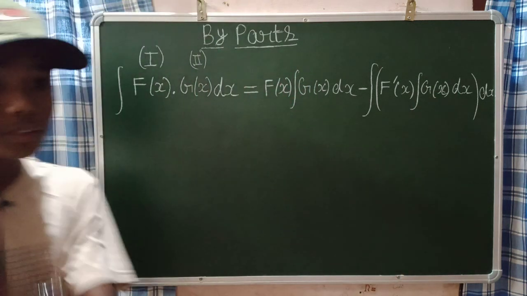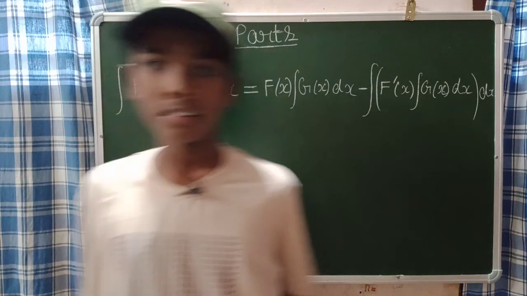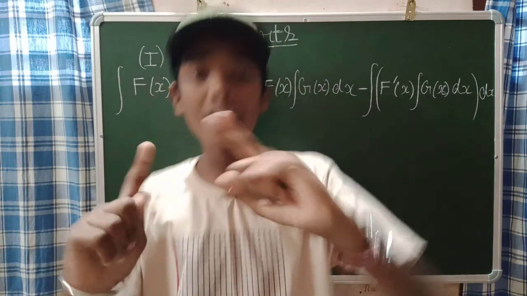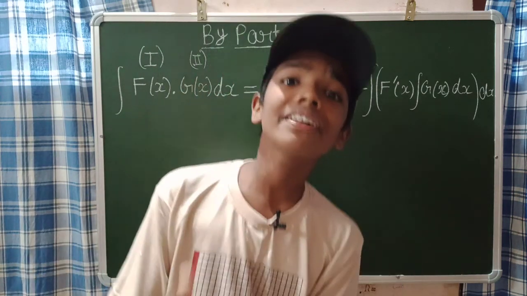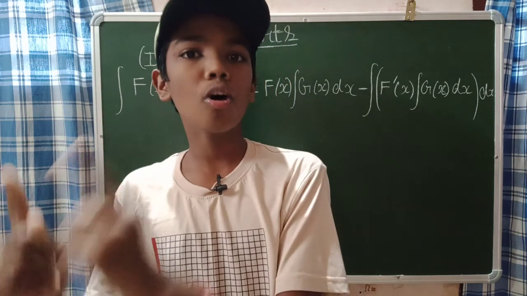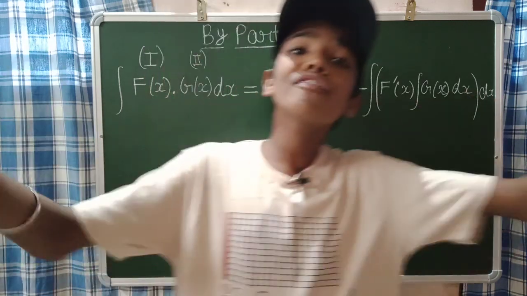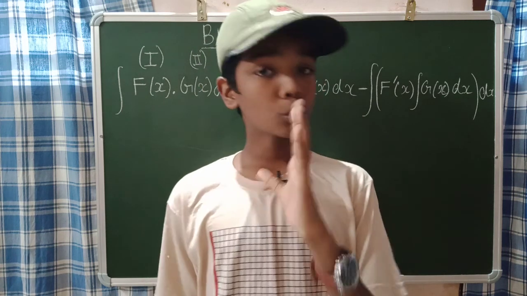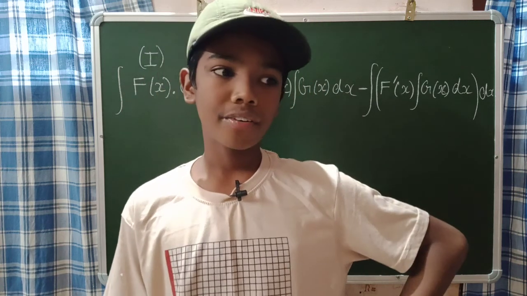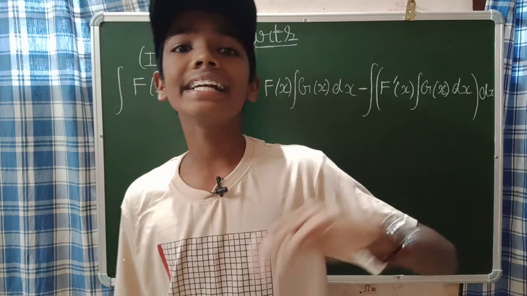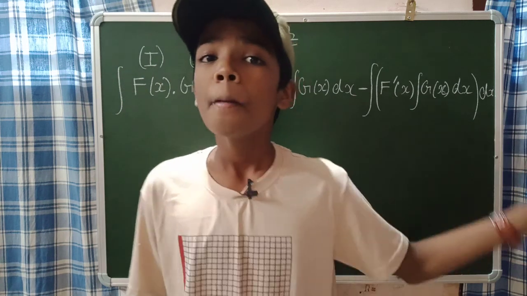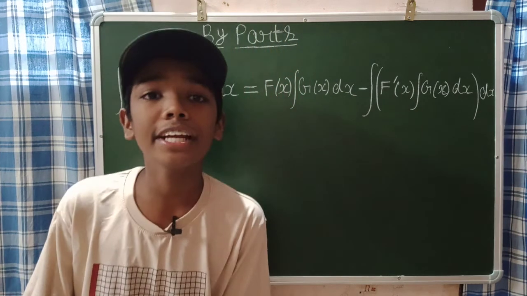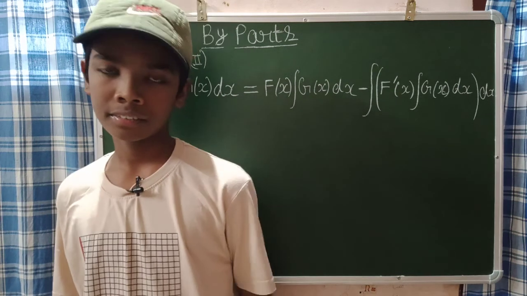It shows that only the second function should be integrated. I hope that makes it clear, and that's why I am saying you check which function is easily integrable or directly integrable and choose it as your second function. That is one of the important rules you need to understand.